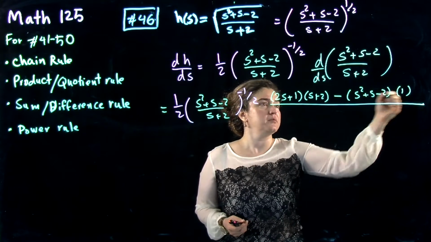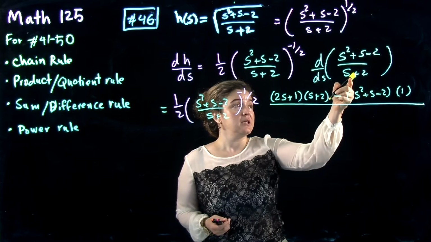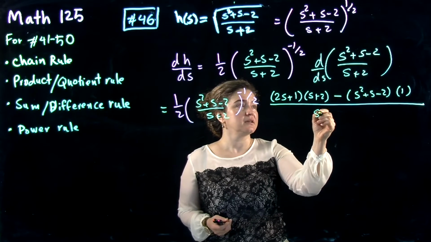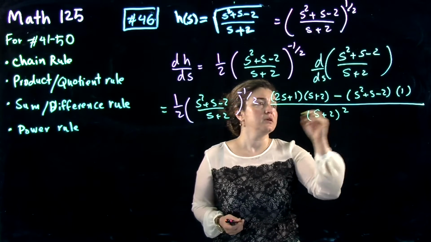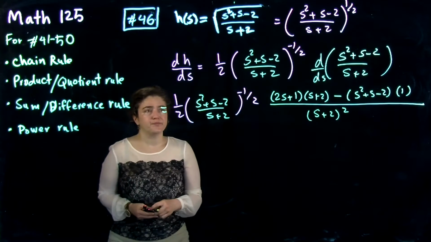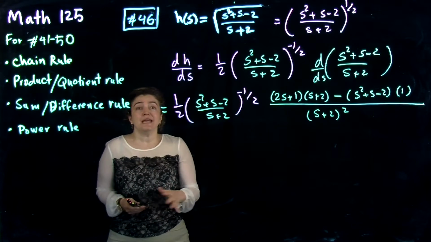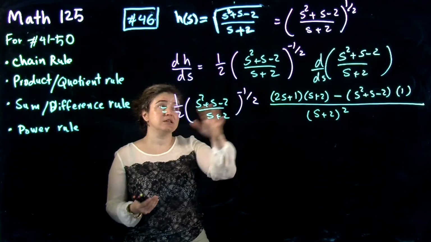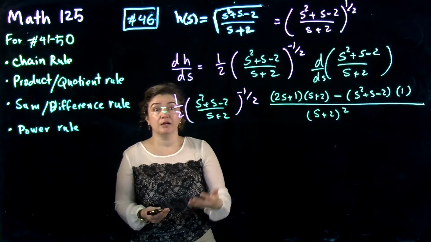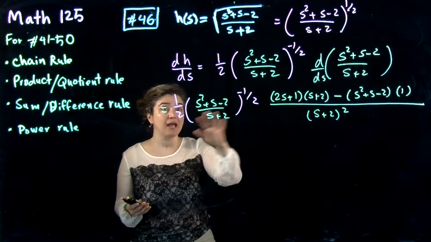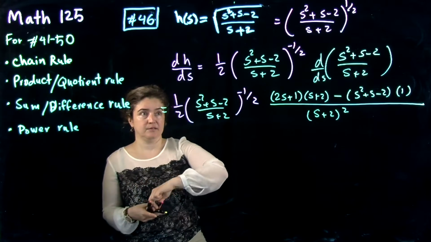And derivative of bottom is 1, divided by s plus 2 to power 2. So looking at this, I can enter this entire thing in my gateway exam and it would be correct.